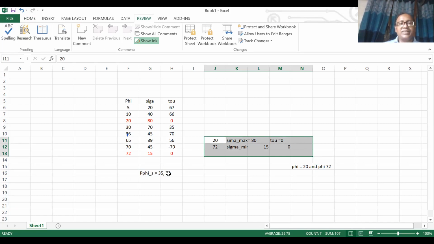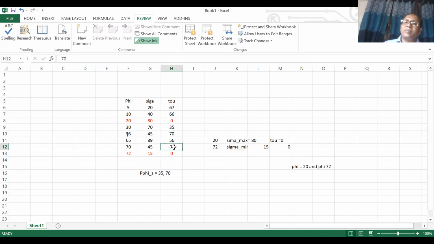How much is that shear? It's 70 and minus 70. So we need to design a part based on maximum normal stress or principal stress, and also based on shear stress. So we need to figure out both. That's why we need to figure out this formula, phi p and phi s.